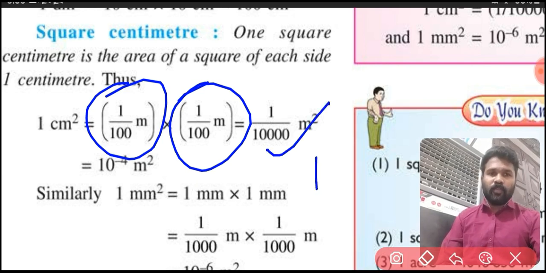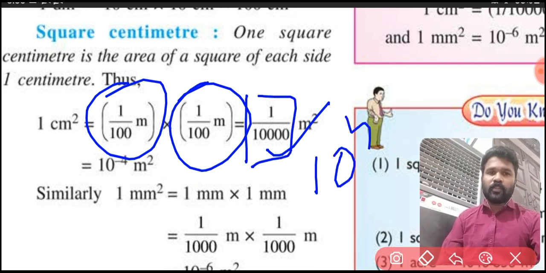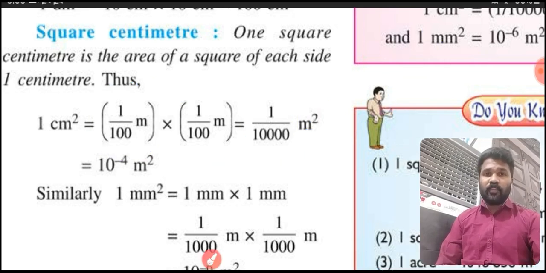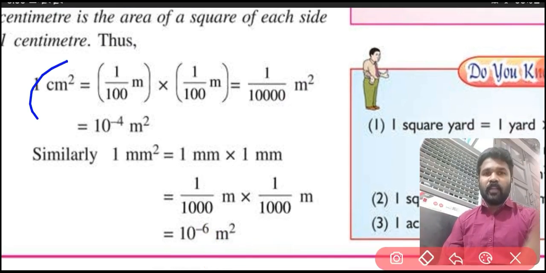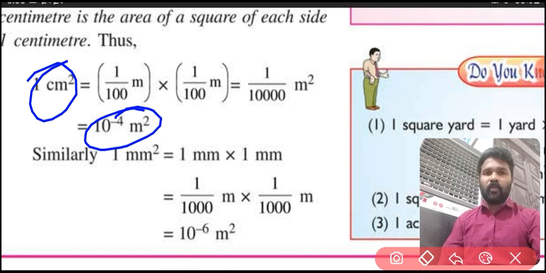We know 10,000 is 10 raised to 4, but here it is 1 upon 10,000, that's why we write 10 to the power of minus 4. So finally 1 centimeter square is equal to 10 to the power of minus 4 meter square.